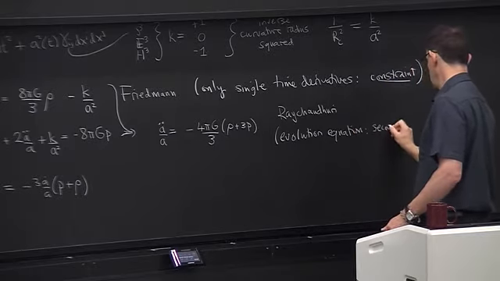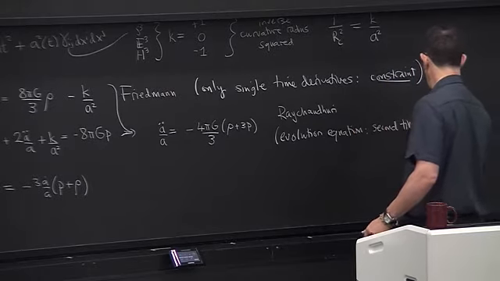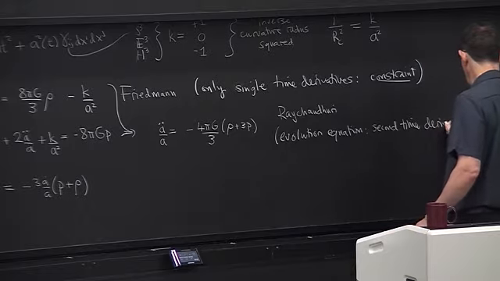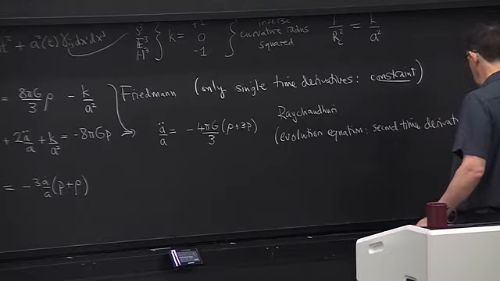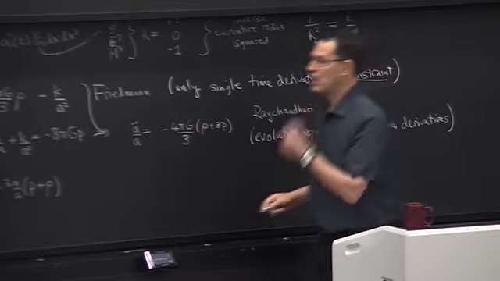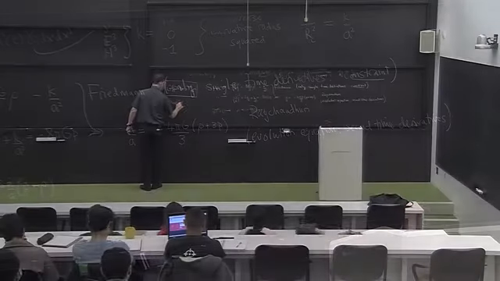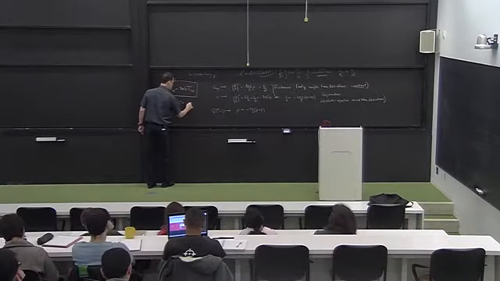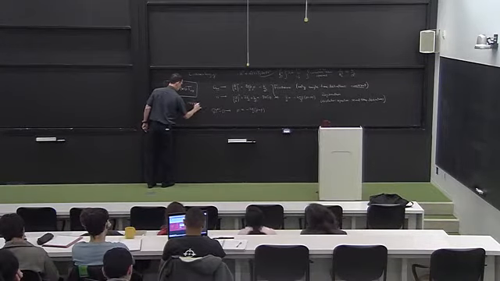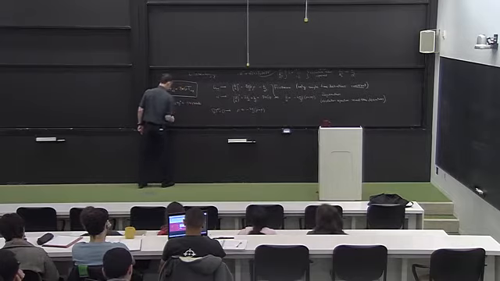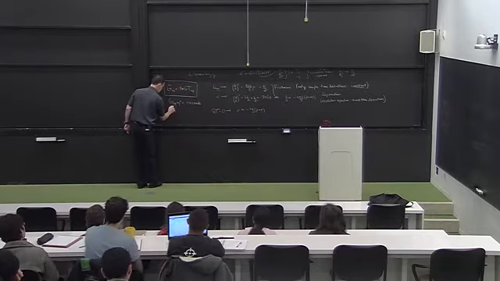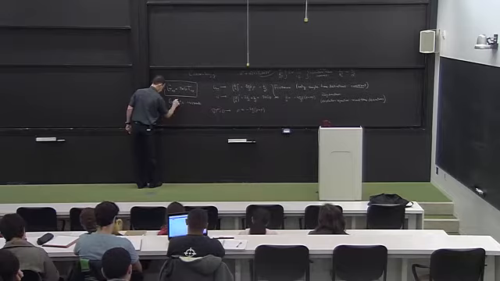Second time derivatives. Okay, and in general, this is how the Einstein equations work. It's always true that the G0 beta equations are constraints. So let's write that out as G00 and G0i.